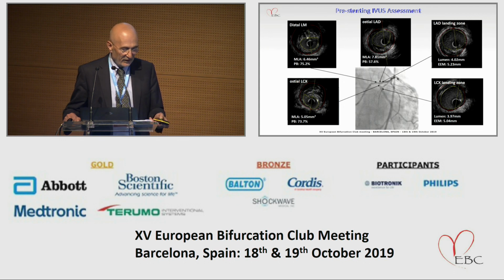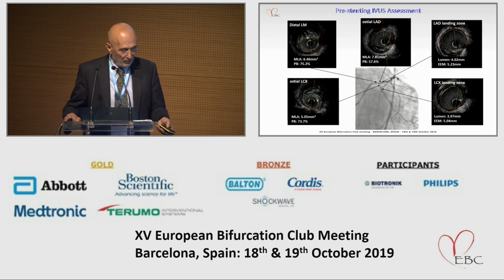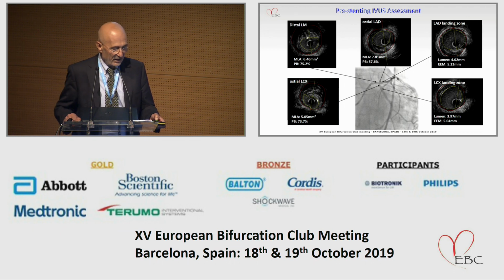Then assessment by IVUS is almost recommended for any two-stent technique, but particularly important in DK crush. It gives you an idea about the distribution of plaque and how to optimize your choice.